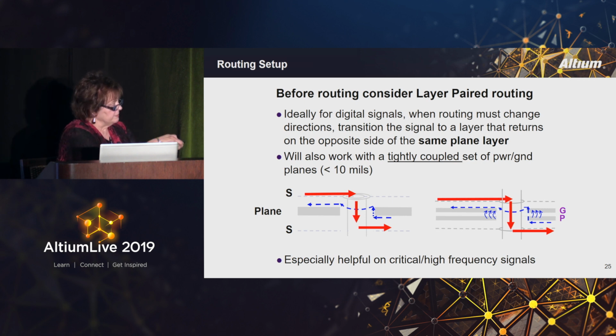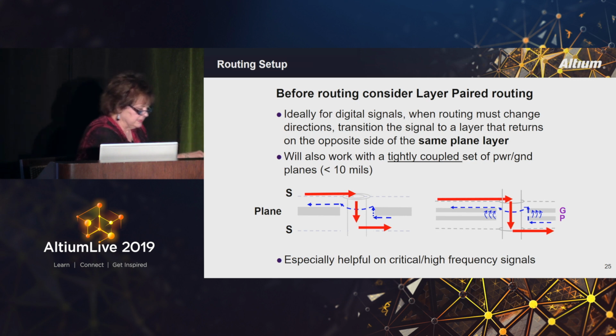Or if you have a ground and a power closely coupled to one another, and this is very closely coupled, like around 8 mils, then the signal can come through the via and go to the other side of the other plane, and now it's referencing power, where up here it was referencing ground.